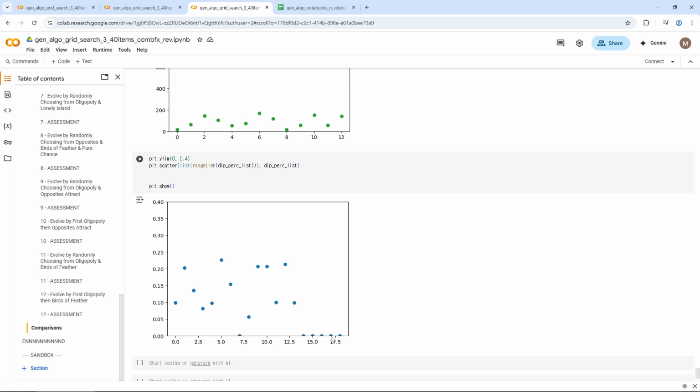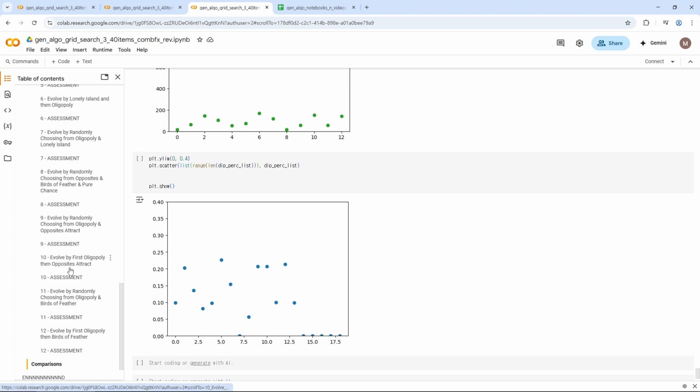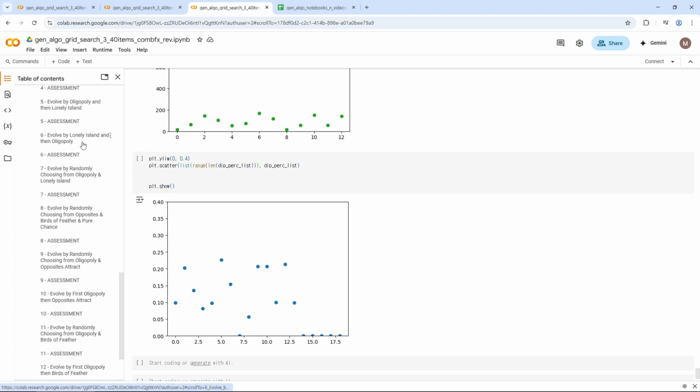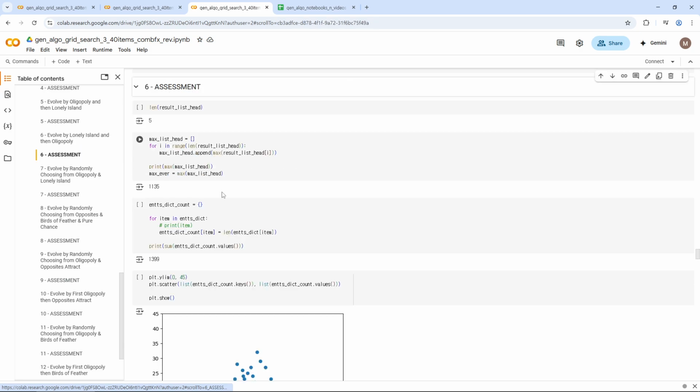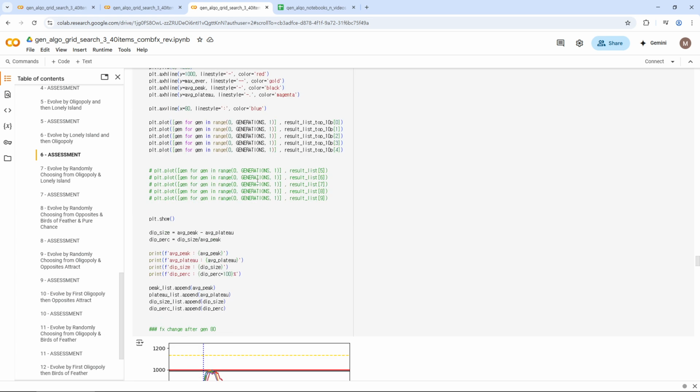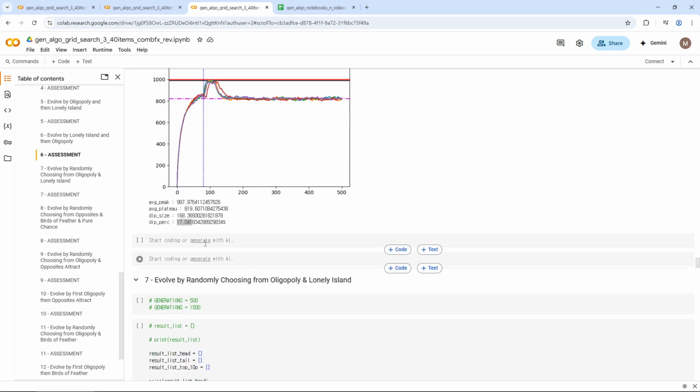The last 5 gave us little to no dip percentage, and the highest one, the 6th one, had the highest dip percentage, which is evolved by Lonely Island and then oligopoly, as we can see here, the highest, 17%.